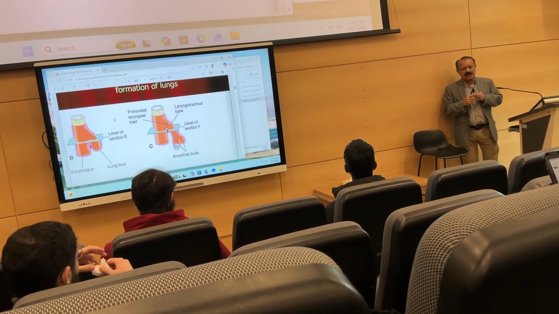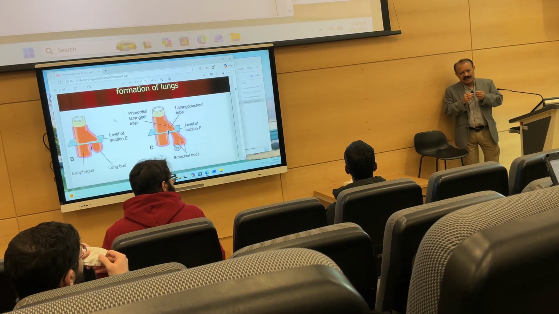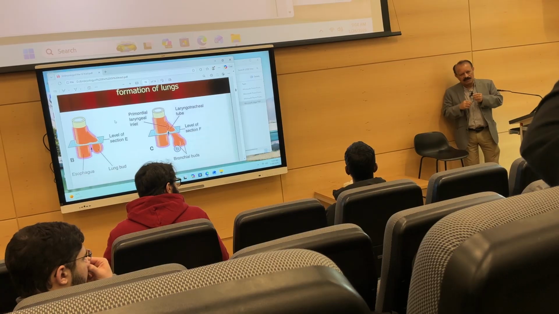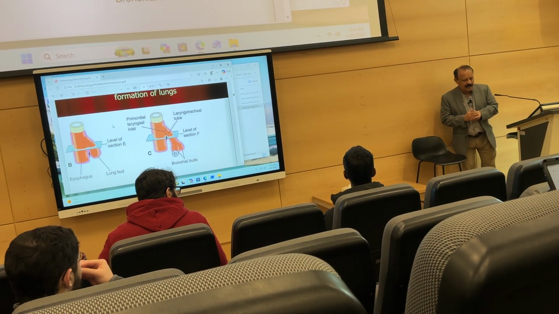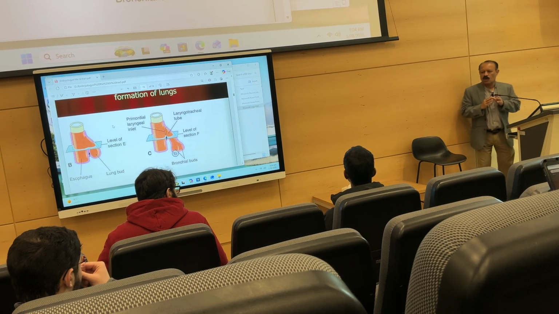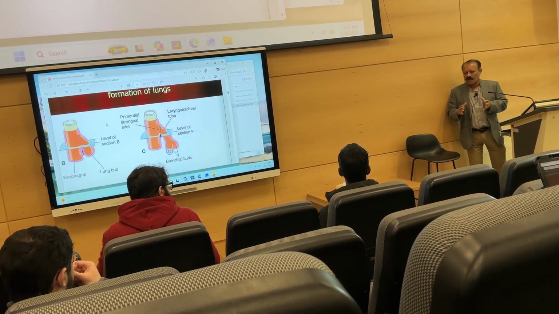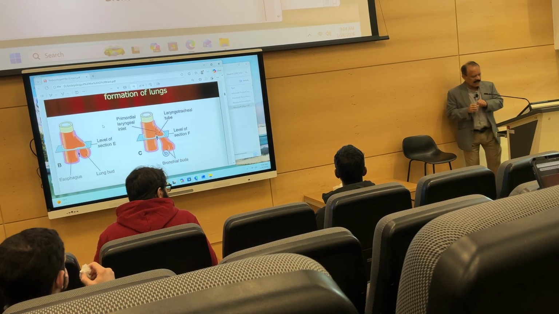Because of the fistula, the baby is drinking the amniotic fluid, but it's not going very well. So that deals with polyhydramnios. Tracheoesophageal fistula is always associated with polyhydramnios. Amniotic fluid will be more because not much fluid is going down, because many times esophageal atresia is there.